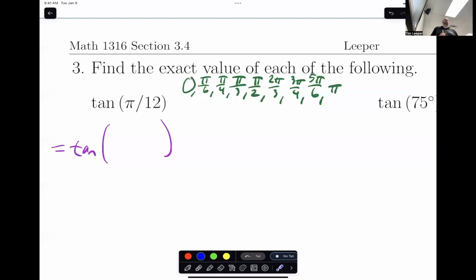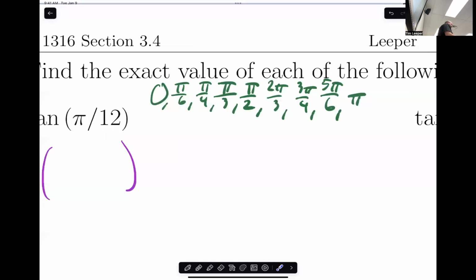Pi over 3 and what? Pi over 4, yes. Why? Because 1/3 minus 1/4 is 1/12, right? Just use the calculators, might as well. Now, why choose those? Well, we're looking for the denominator of 12.